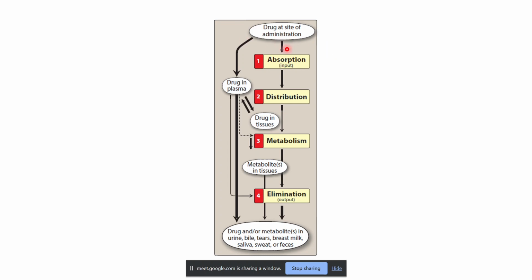It's important to understand every step, because that allows us to predict the concentration of the drug in the plasma, which is connected with the concentration in the tissues.